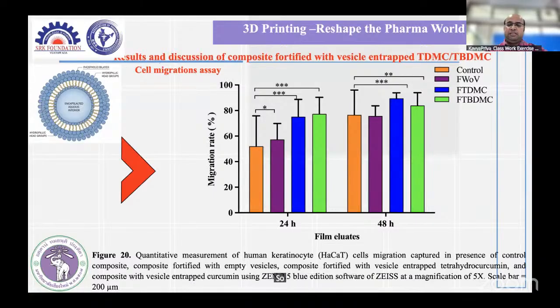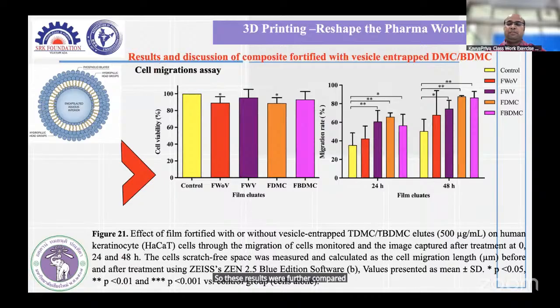So these results were further compared with the other two metabolites, that is dimethoxy and bis dimethoxy. We can find here that both dimethoxy and bis dimethoxy, in film and entrapped form, show similar results, that is more than 80% cell migration.